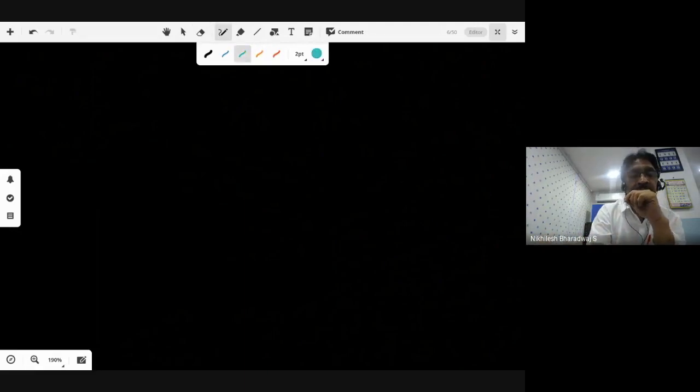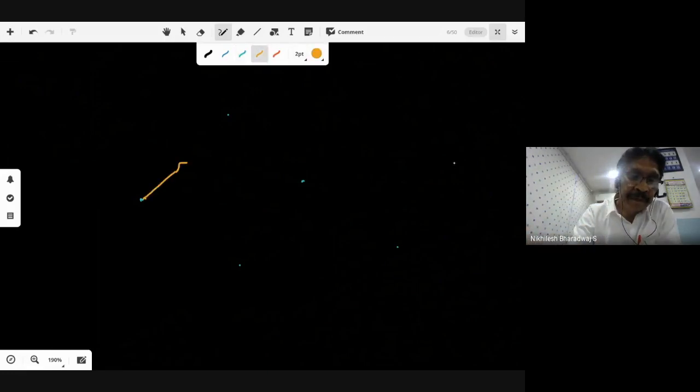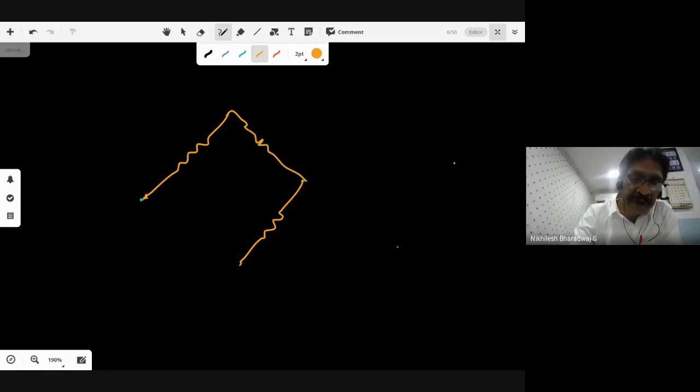And while drawing the Wheatstone network, please take precautions. Put 2 dots here, like this. It will be in quadrilateral form. Then join this. I'm not going to derive this one, but I'm telling you how to draw the figure perfectly.